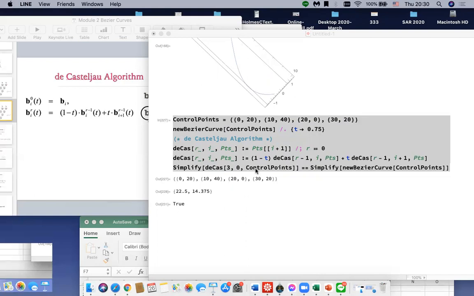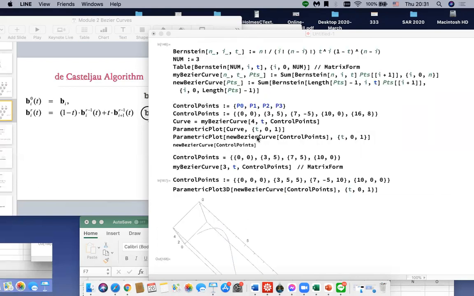So now you have two nice algorithms. The first one is using the Bernstein polynomial in order to compute the Bezier curve of any degree n. You can write down the Bezier curve of degree 10, degree 20. You can also draw the Bezier curve in three dimensions or two dimensions, it doesn't matter.